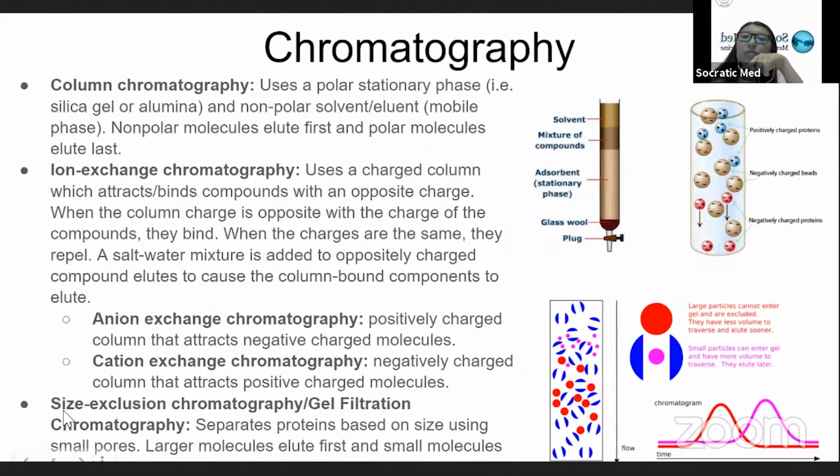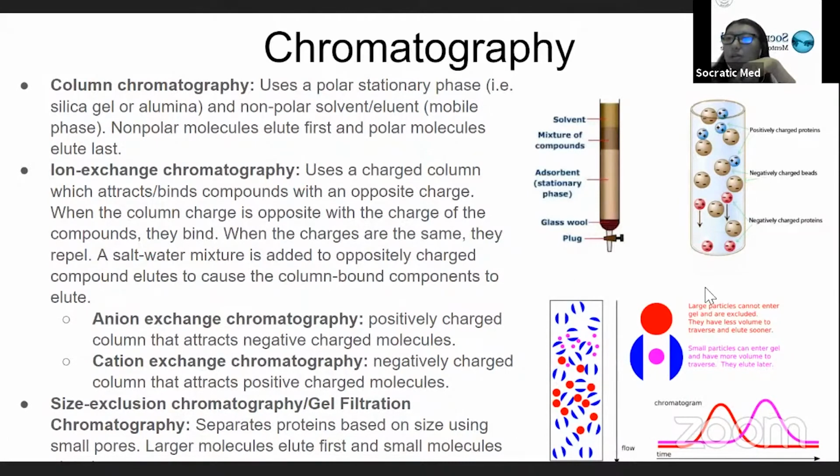Then we also have size exclusion chromatography, also known as gel filtration chromatography, which separates proteins based on size using small pores. In this type of chromatography, usually the larger molecules elute first.